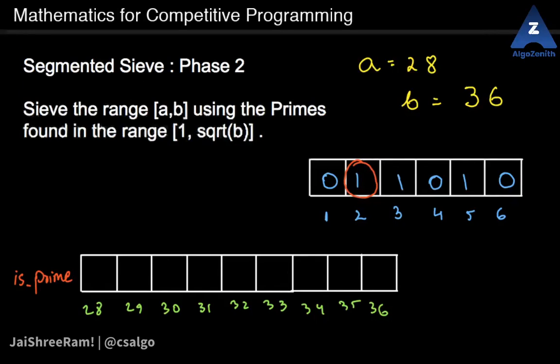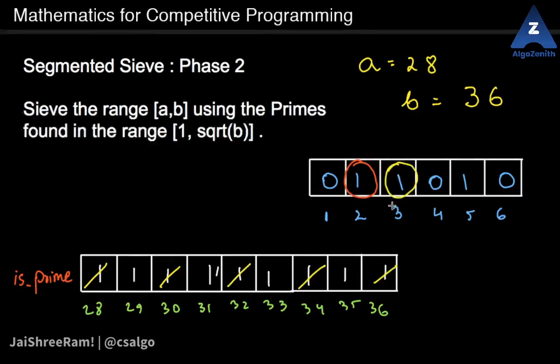So let's first of all assume that everything in the range a to b is prime. Once each and every one of them is marked prime, for 2, we can strike off all the numbers which are multiples of 2, as they are not prime, right?